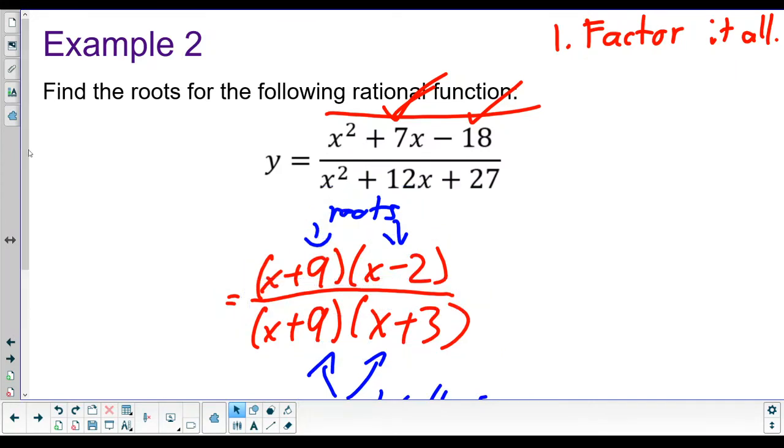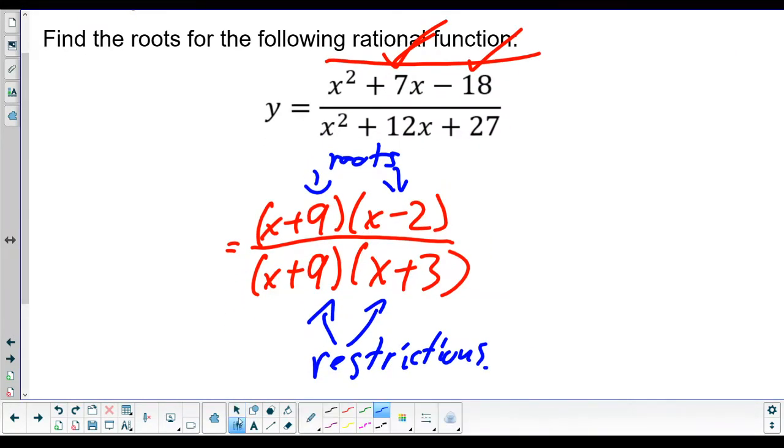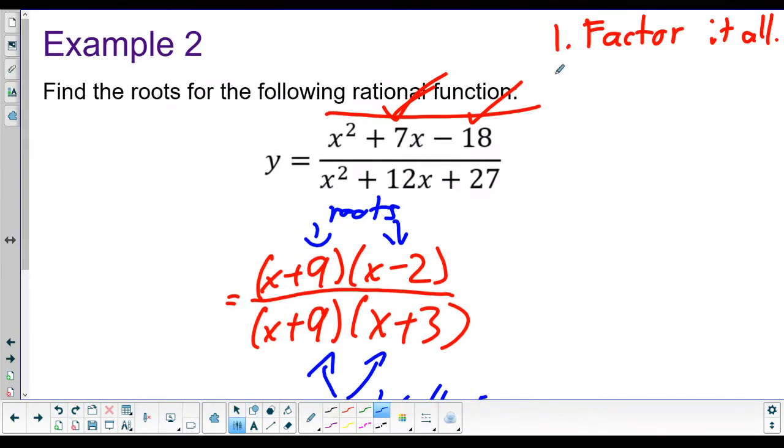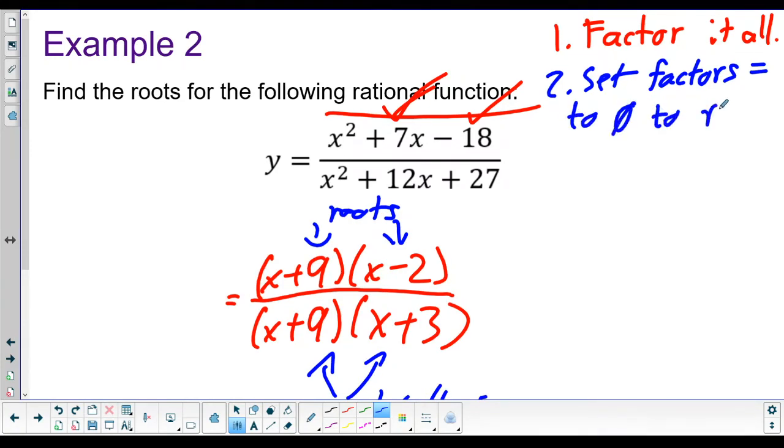Let's scroll down a teeny tiny bit. Okay, so step 2, set factors equal to 0 to get roots and restrictions.